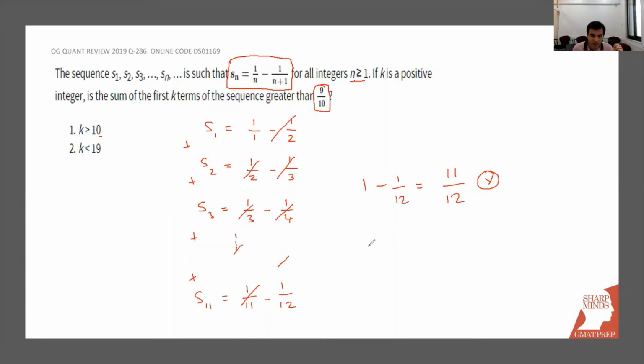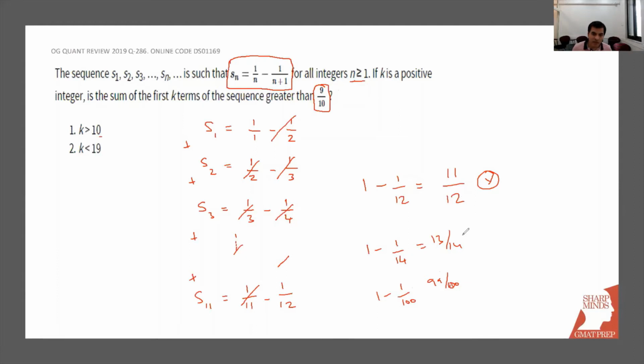What we will end up doing is something like 1 minus 1 over 14 when k is 13, 1 minus 1 over 100 when k is 99. And all these fractions that you end up getting here are definitely going to be higher than 9 over 10.